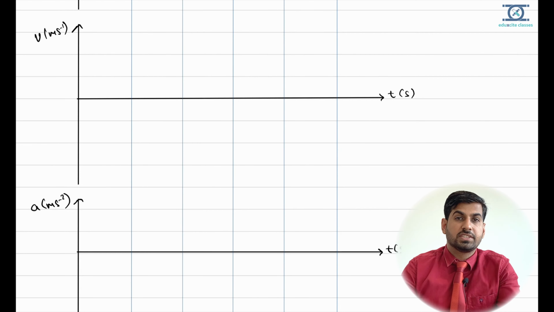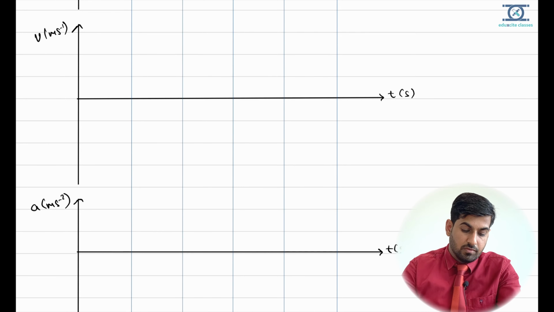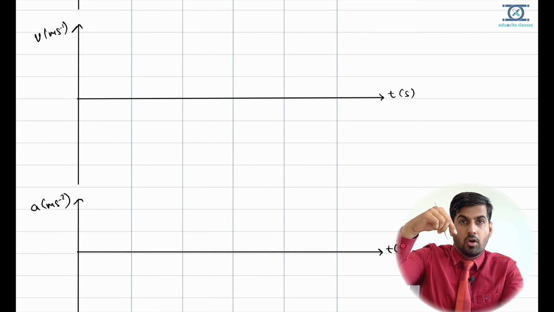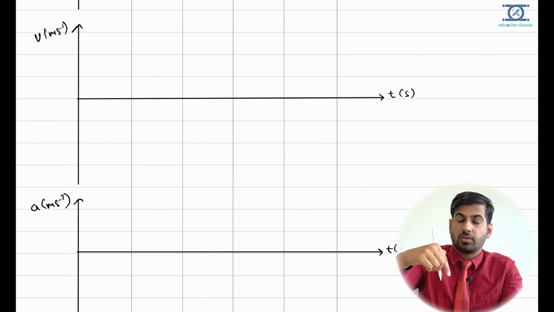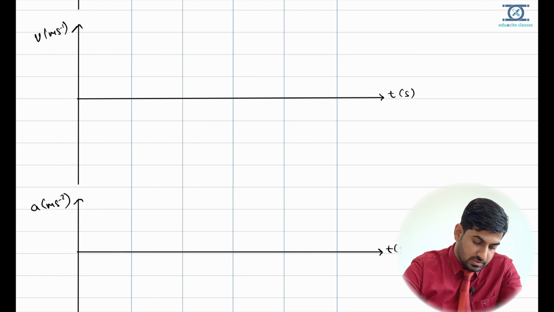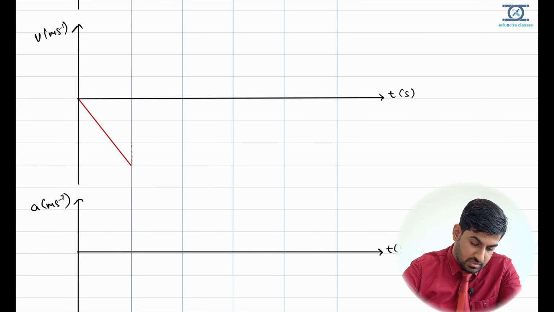Okay, now for velocity I have taken the downward direction as negative, right? So initially, as the object is dropped, it will gain velocity but in the opposite direction, because the acceleration is also in the downward direction. So the velocity will increase but in the negative direction with a straight line because it is a uniform acceleration, and I will show with a dashed line because this shows the bouncing of the ball.